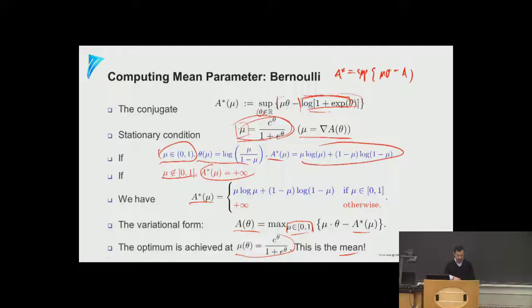Okay, so this is a simple illustration of the mechanisms and the tools that you can obtain from this conjugate duality interpretation of variational inference.